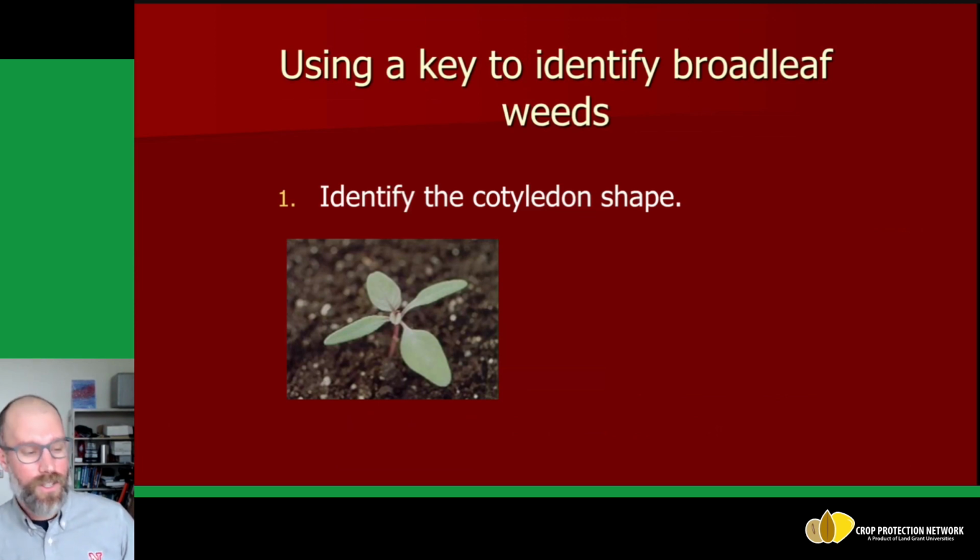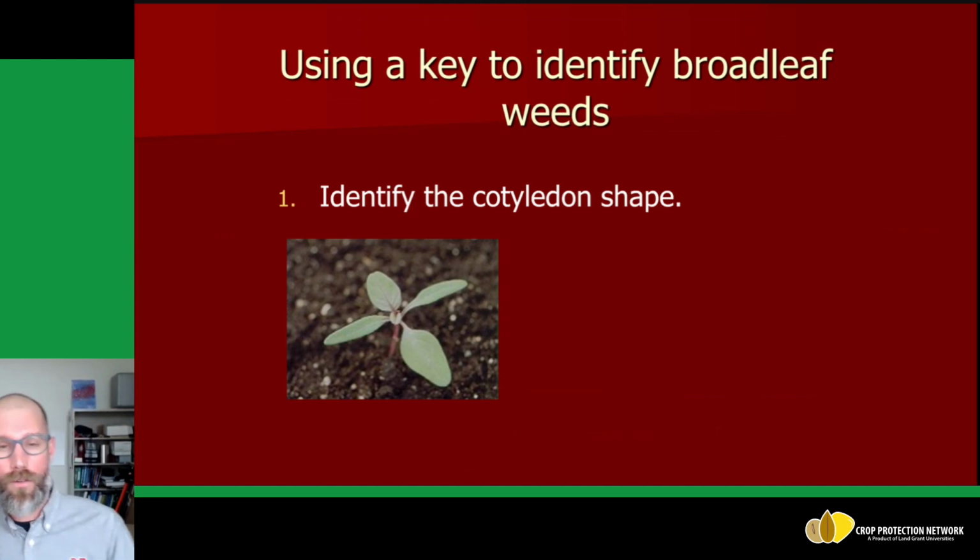Let me shift here just a little bit and talk about another tool that can be used for identifying broadleaf weeds. So a dichotomous key is a tool that, if you don't know where to start, you can use to work your way through a process in terms of identifying a broadleaf or grass weed, but we're going to talk about using it for identifying broadleaf weeds here.